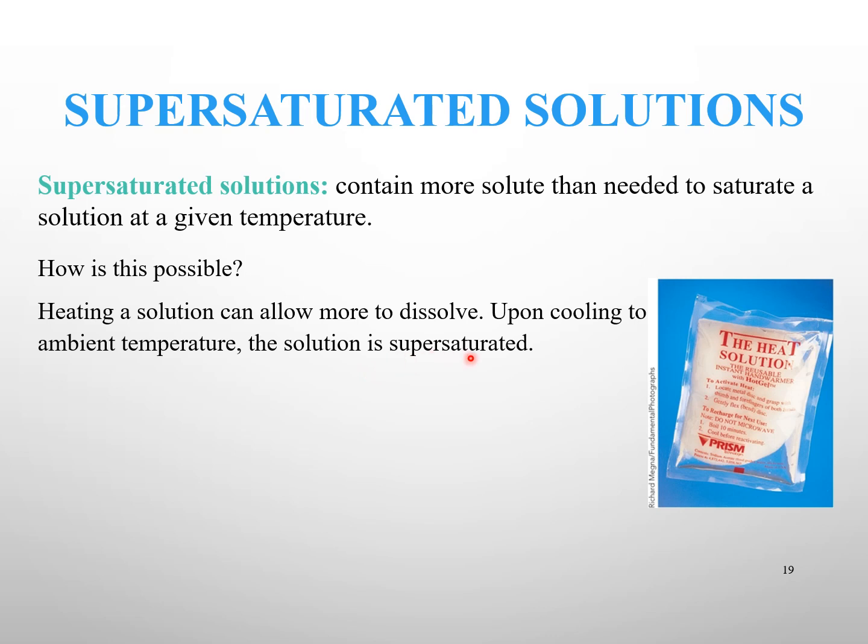But it became supersaturated because earlier you kept warming up the liquid so you could dissolve more and more sugar, or whatever you're trying to dissolve. So once you hit a higher level of saturation with a high temperature, you cool it down and it becomes supersaturated. It doesn't precipitate the stuff automatically, so it just kind of stays in solution.